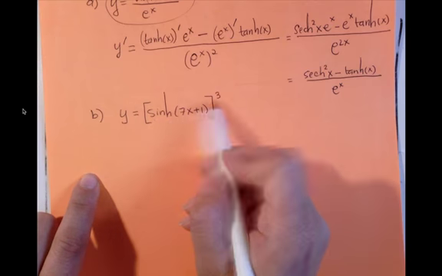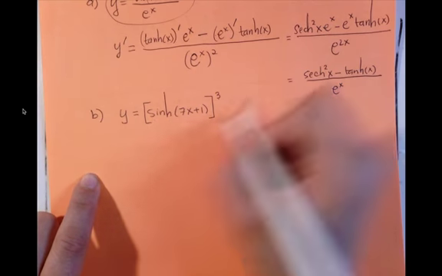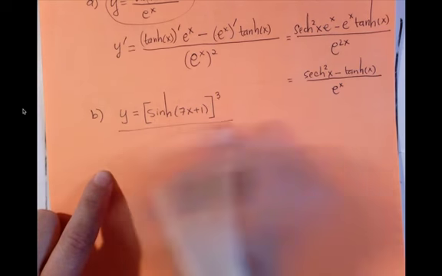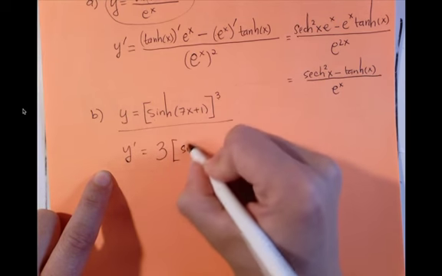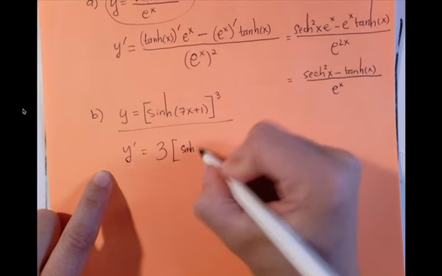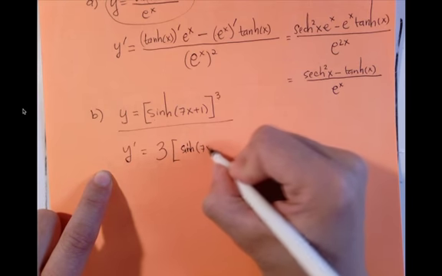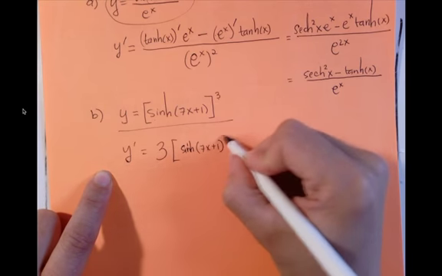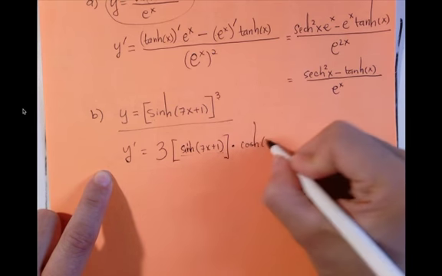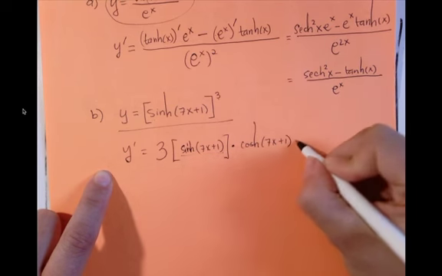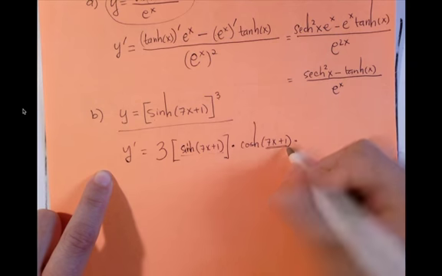In this example, we have a lot of the chain rule going on. So y prime here is 3 times hyperbolic sine. Now I have to multiply it by the derivative of the inside function. And I have to apply the chain rule one more time, multiply by the derivative of the inside function.